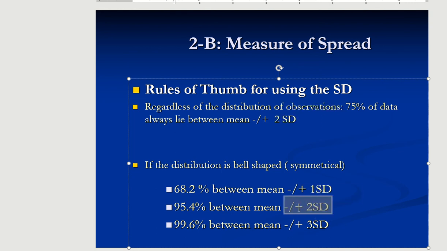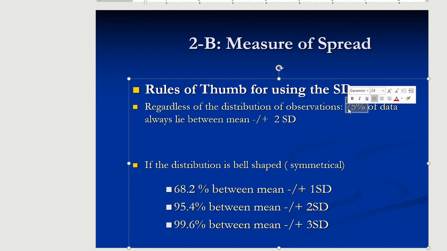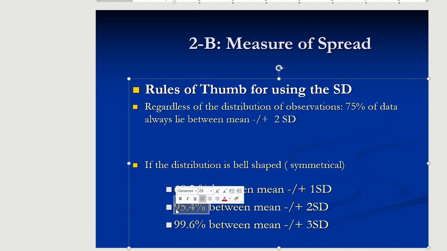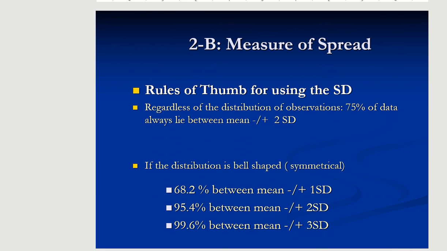So when you do the same thing in a bell-shaped distribution, in a normal distribution, you will capture exactly 95.4% of the data. Here we said at least 75%, meaning 75% or more, which is true. But if the distribution is normal, I can be more specific. I can say 95.4%. And if I go up and down 3 standard deviations, then I will capture 99.6% of the data.